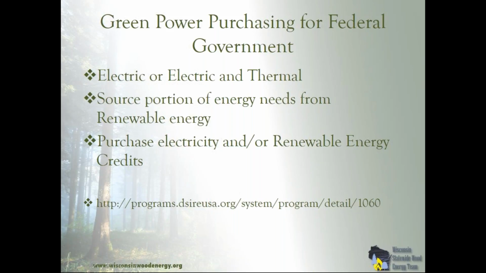You can go to this link on the bottom here and find more information. That's a possible source if you're doing a project and you want to sell the output. If it's thermal, it's probably going to have to be co-located with a federal facility. But if you're selling electricity, that could be anywhere where you're wheeling it on the grid to them.